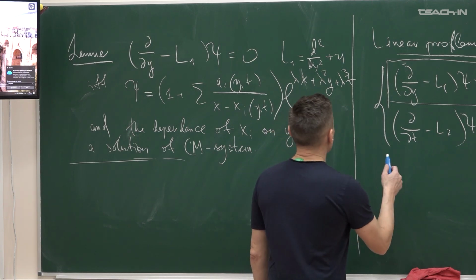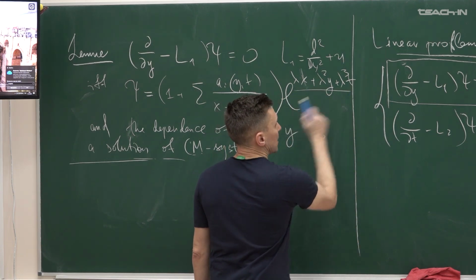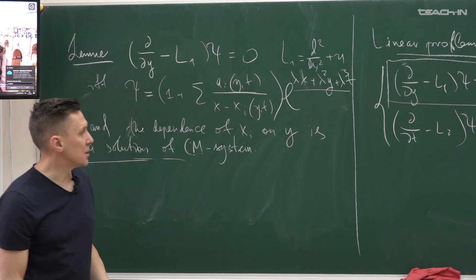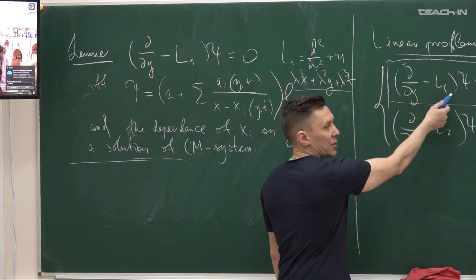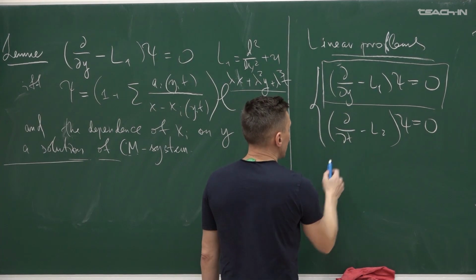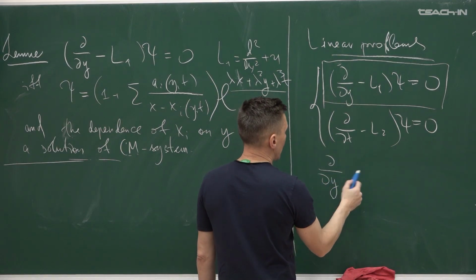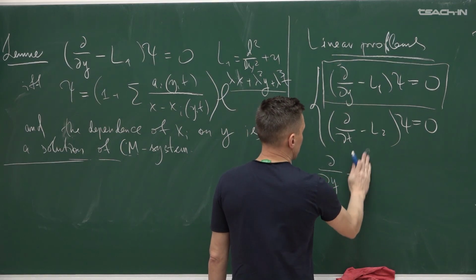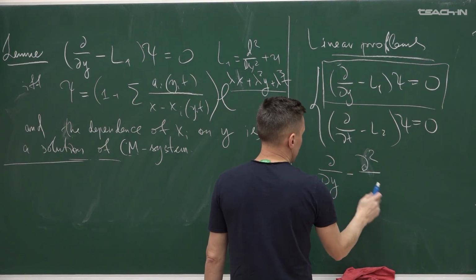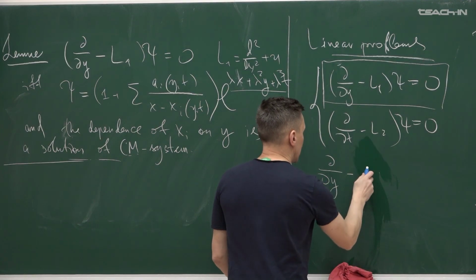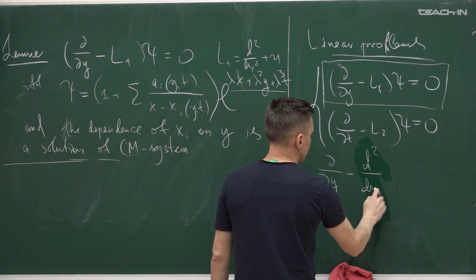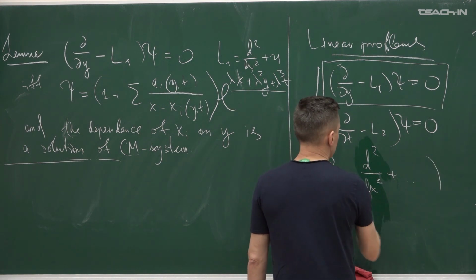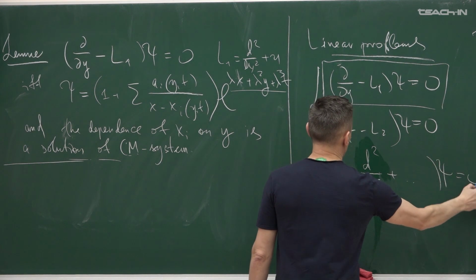Okay, so this asymptotic part of this expression is related with the principal part of this differential equation. So here we have d over dy minus d2 over dx2 plus something psi.